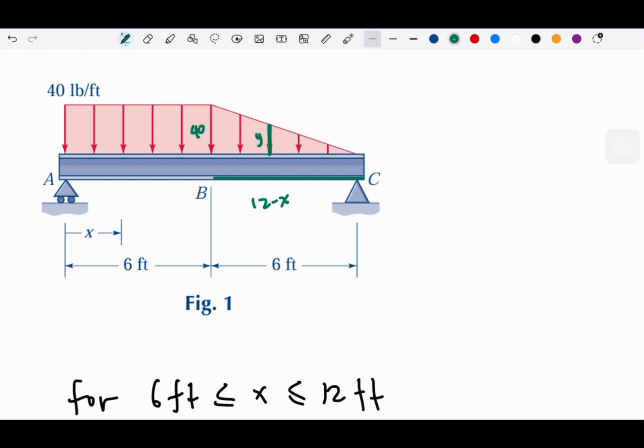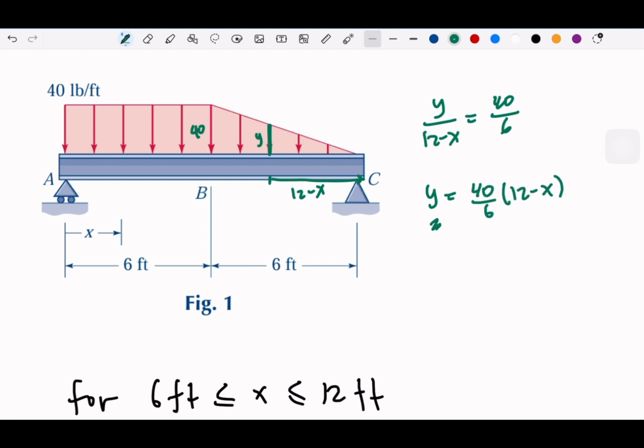Maybe let this 12 minus x be here and 6 over there. y over 12 minus x is 40 over 6, so y is 40 over 6 multiplied with 12 minus x.